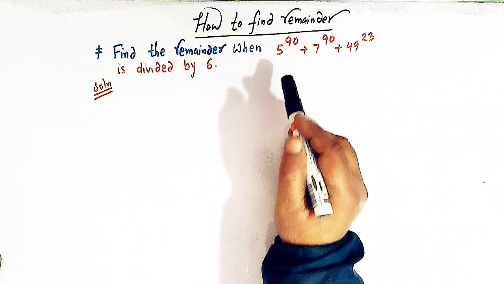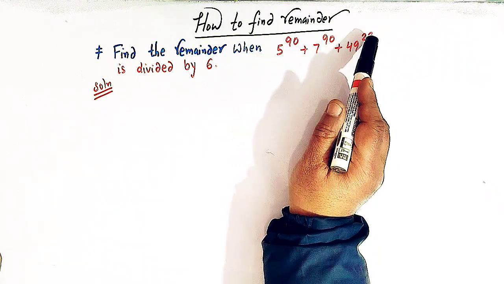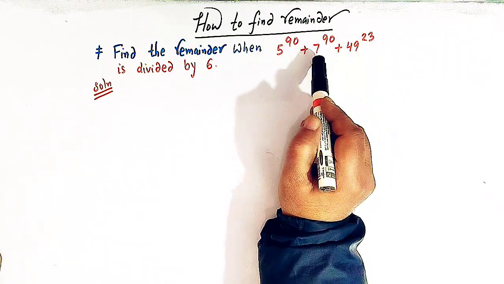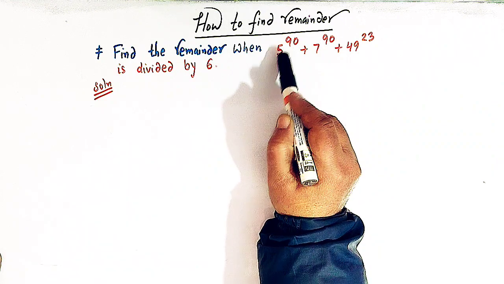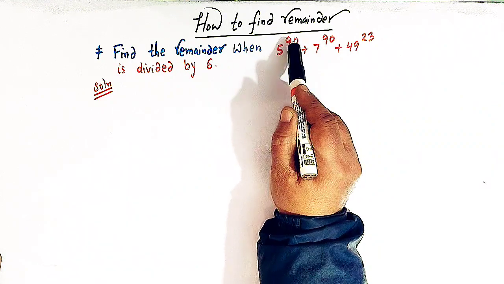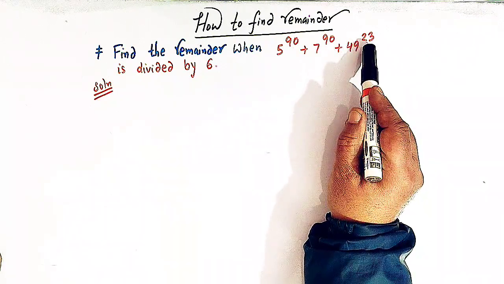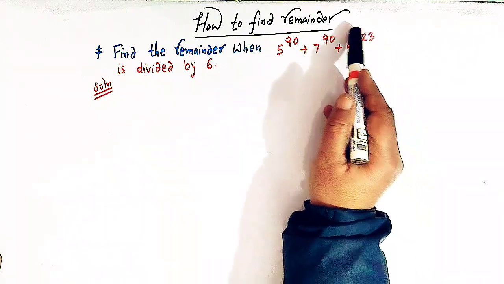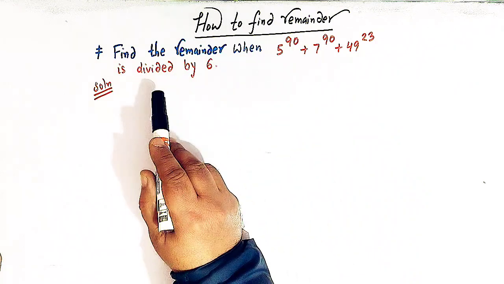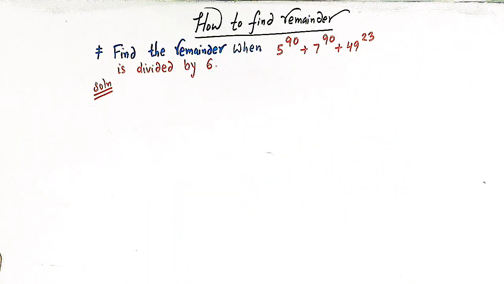Here the large number is the sum of these three big numbers: 5 raised to 90 plus 7 raised to 90 plus 49 raised to 23, and when this sum is divided by 6, we are to find the remainder. So let us start.